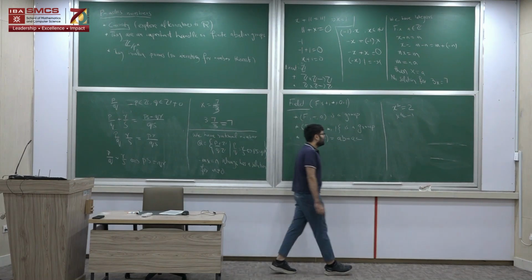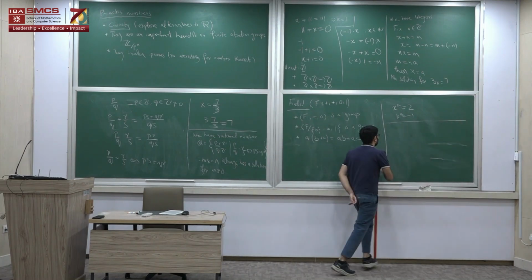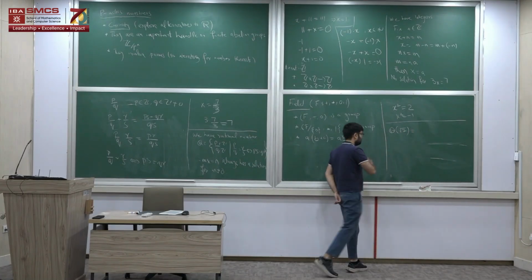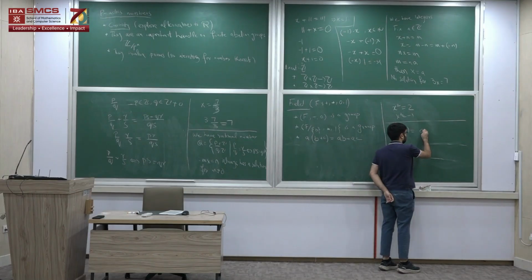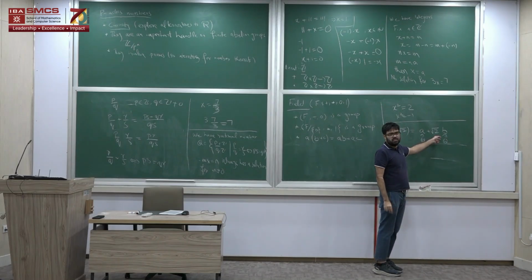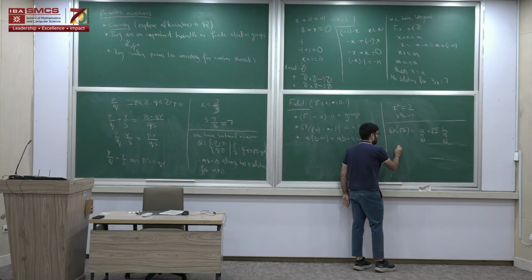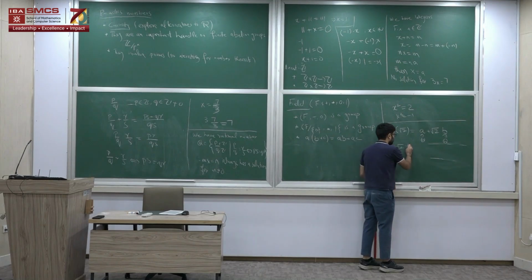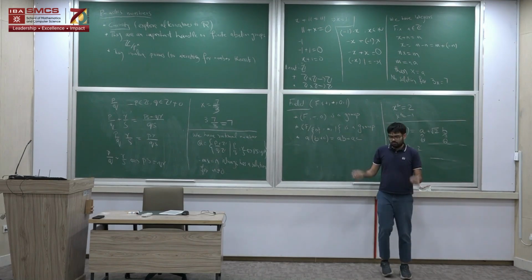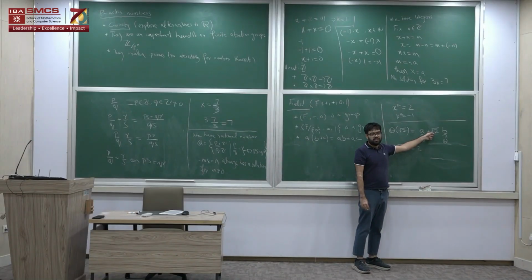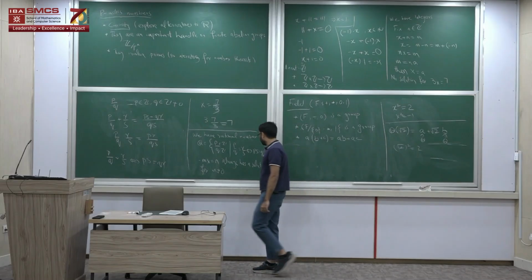So what I will do is define a field, which I name Q(square root of 2), and it consists of the elements of the form a plus b square root of 2. So a is a rational number, b is a rational number, and this guy I have added into my field, and this is just a new symbol, and the only meaning it has for me is that if I square it, I get 2. Right. So now I have the solution to this equation, and I have it because I added it by hand, which is square root of 2.